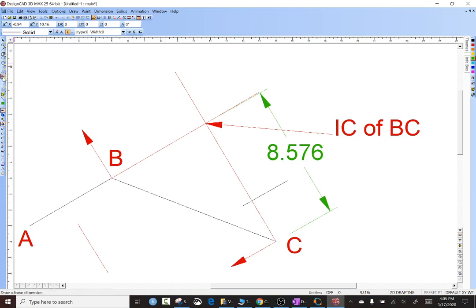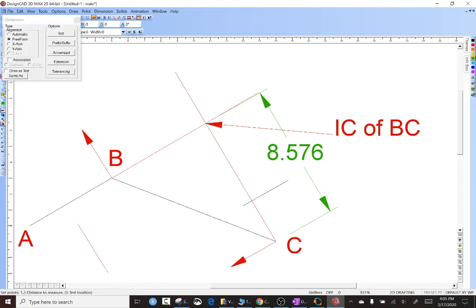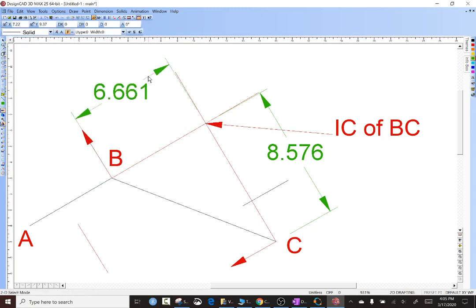Go back and put a dimension between this point and that point, .661.